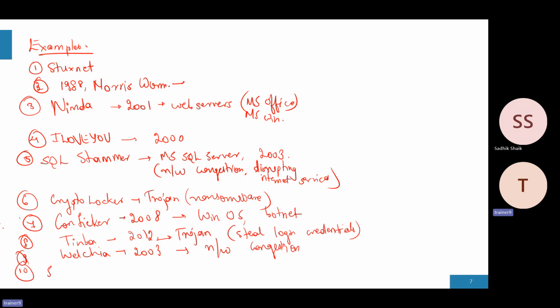Then there was Slayer, which was more operating system specific, for Mac OS.